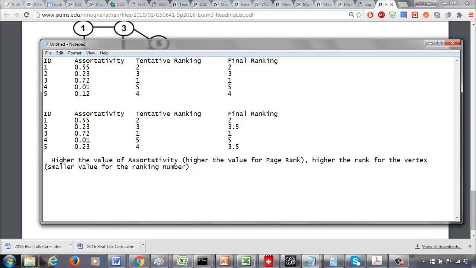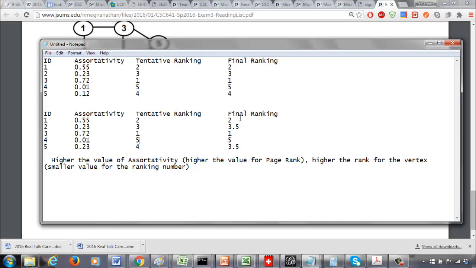Now you have 0.23 for vertices 2 and 5. So how would you give the tentative ranking? So break the tie in the numerical order of the IDs or alphabetical order of the vertex IDs. So in this case 2 is smaller than 5, so you will give vertex 2 a ranking of 3 and vertex 5 a tentative ranking of 4. And then 0.01, so vertex 4 gets a tentative ranking of 5.